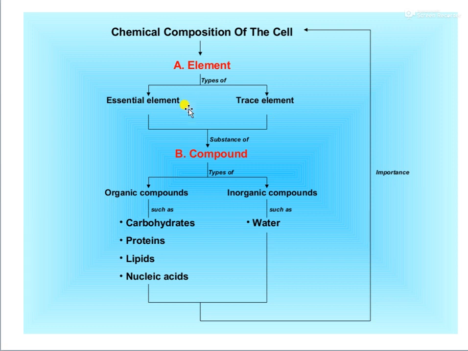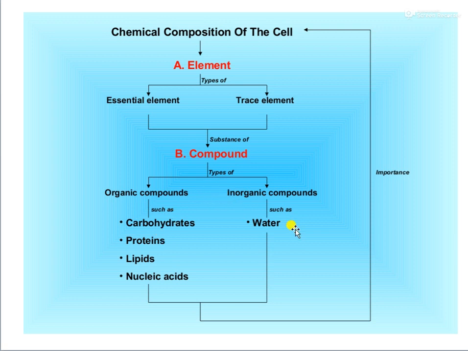The different elements of a particular cell combine together, resulting in the formation of compounds. These compounds can be organic or inorganic in nature. Organic compounds contain carbon and hydrogen, and carbohydrates, proteins, lipids, and nucleic acids constitute the organic compounds.